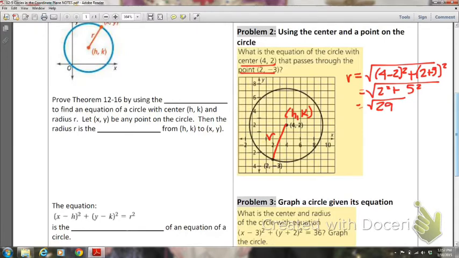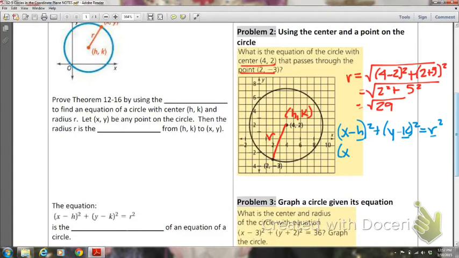So now we need to plug that into the formula for a circle. The formula for a circle is x minus h in parentheses squared plus y minus k in parentheses squared is equal to r squared. So substitute in for the h, the k, and the r.